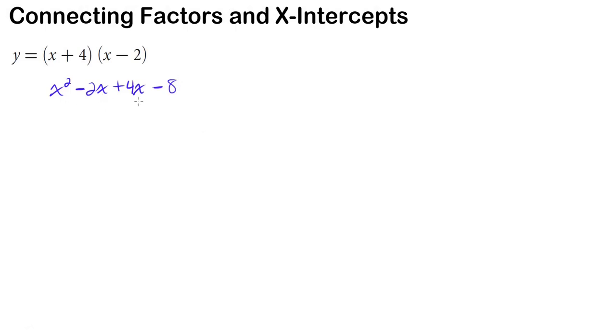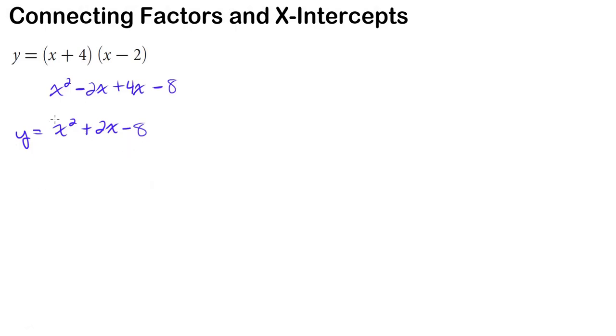Combining like terms, negative 2x plus 4x is 2x. So we get y equals x squared plus 2x minus 8. Here we have the factored form of the quadratic function, and here we have the quadratic function in standard form.